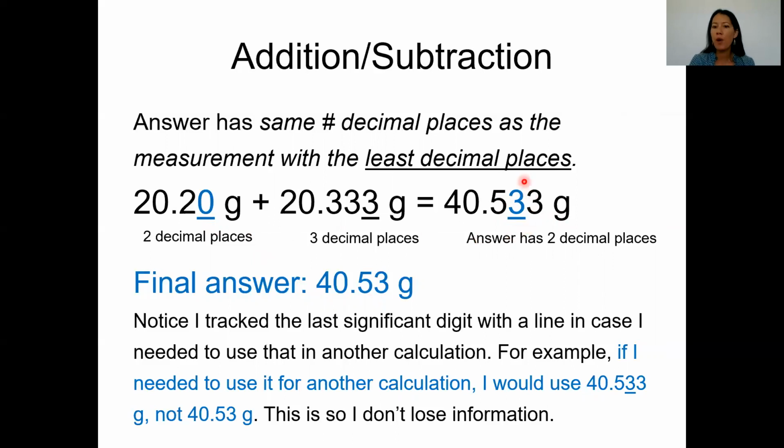Notice that I tracked this last sig fig with a bar. The reason is if I had to later take this on and do another calculation, I don't want to drop the 3 so early. I want to use it in my next calculation. So I would use the 40.533, not 40.53, if I needed to use this in another calculation.